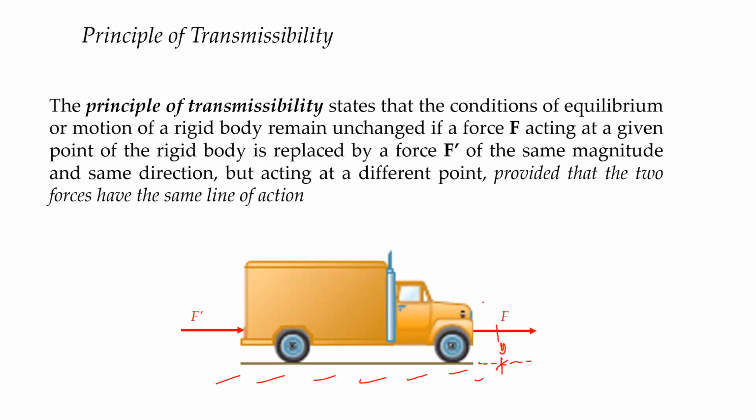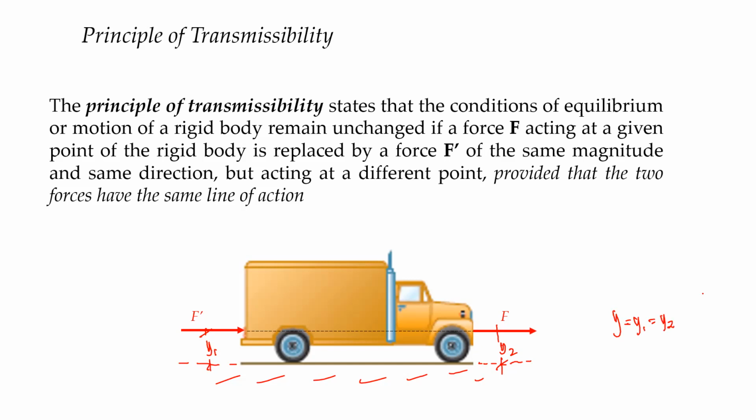It is the same as if I am pushing my truck with the same magnitude at the back, and it follows the same line of action. So it means the height must also be the same. Let's call this y1 and y2, so y is equal to y1 is equal to y2.